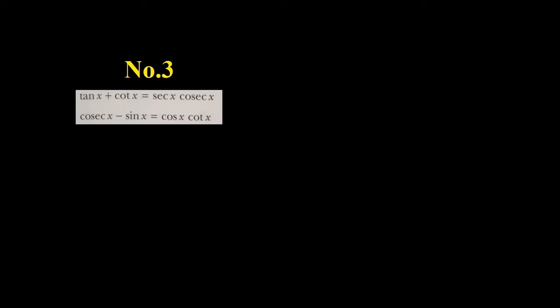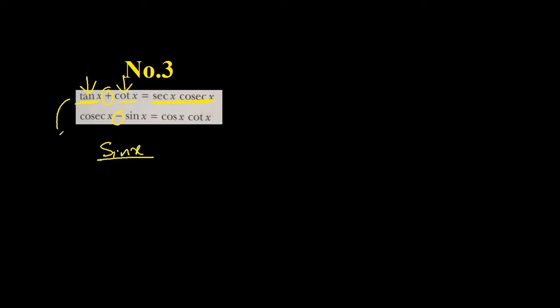Tip number 3. Whenever there are 2 terms of trig ratios adding or subtracting on one side, and there are 1 or 2 terms which are multiplying on the other side, in that case you must convert the 2 terms on the left side or right side, wherever they are, into fractions, because fractions help us to merge the 2 parts.